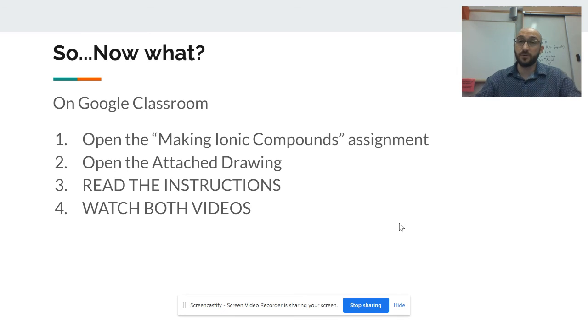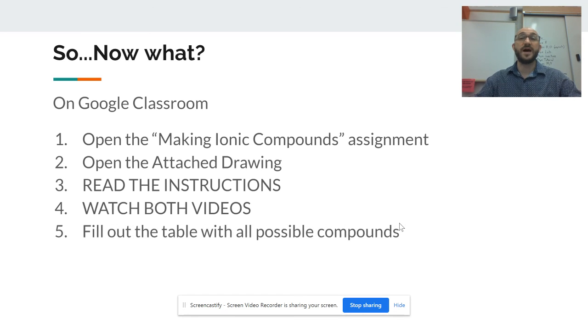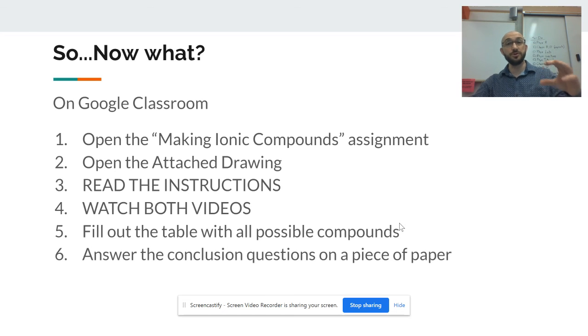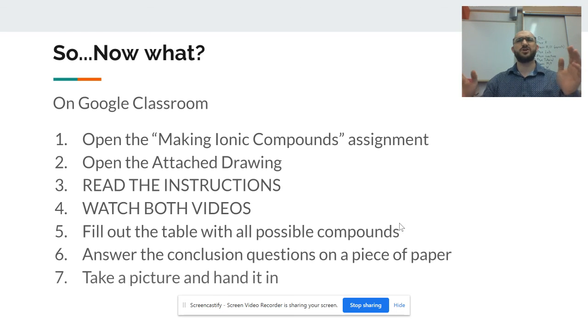Once you've watched both those videos made by Mr. Kosteka, you are then going to fill out the table in the drawing with all of the possible combinations. When you're done with that, you're going to answer the conclusion questions that you can find in the instructions. Just on a piece of paper is fine. Take a picture of it, hand it in, and you're good. That is today's assignment.